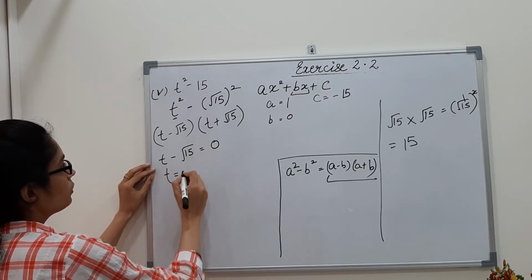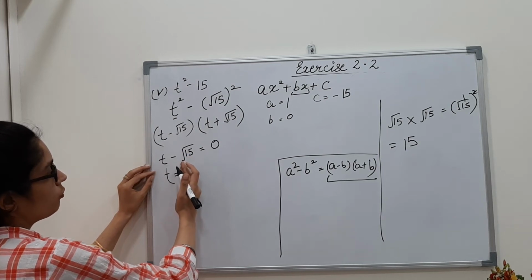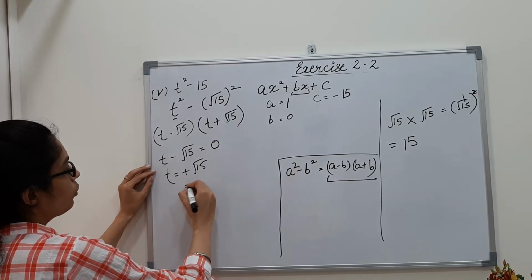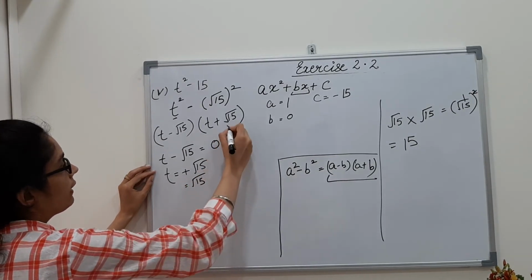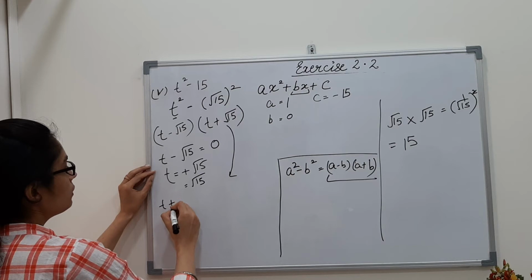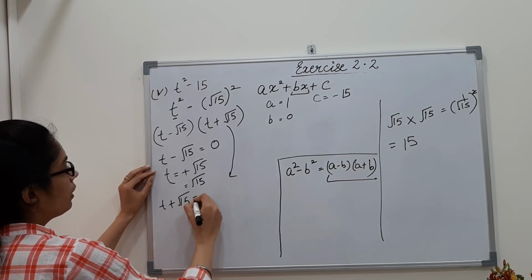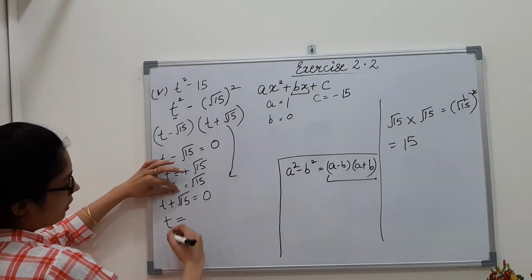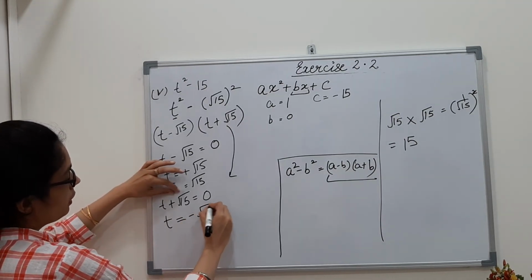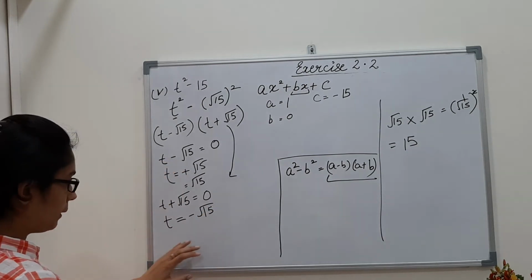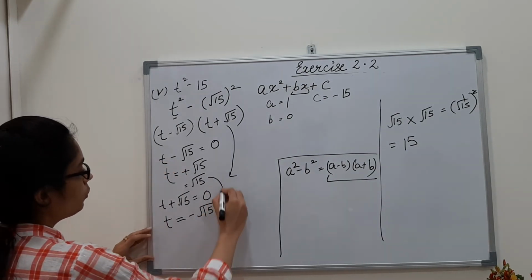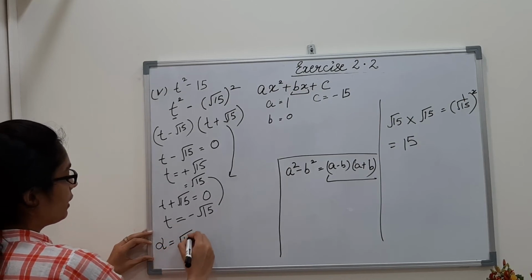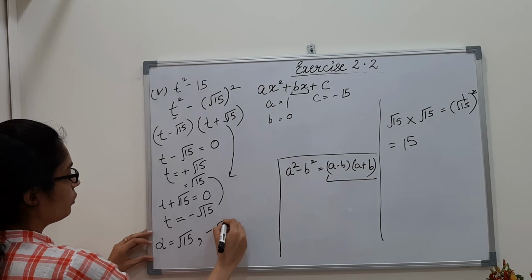So t is equal to, if we shift minus root 15 to the other side, it will get plus root 15. Now writing this, t plus root 15 is equal to 0. Shifting plus root 15 to the other side, it will become minus root 15. So two zeros we got, that is alpha is equal to root 15 and minus root 15.